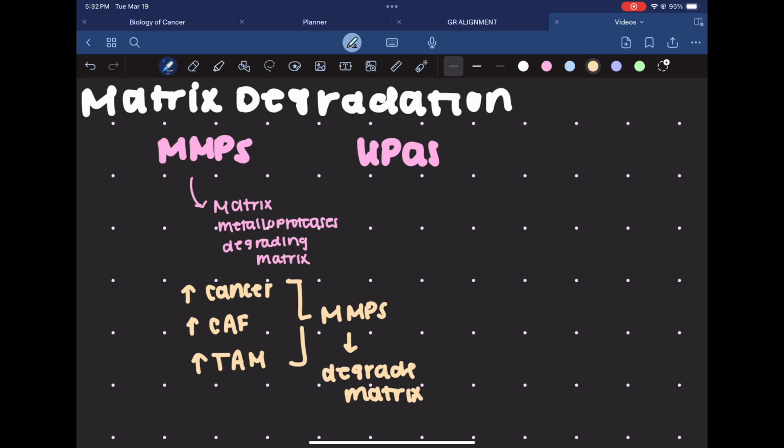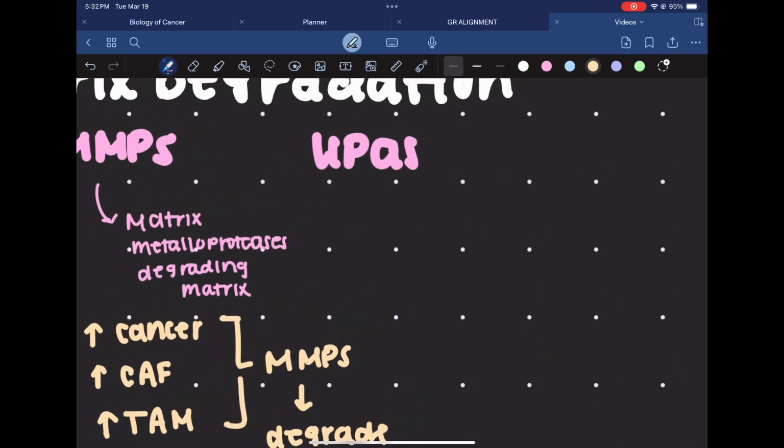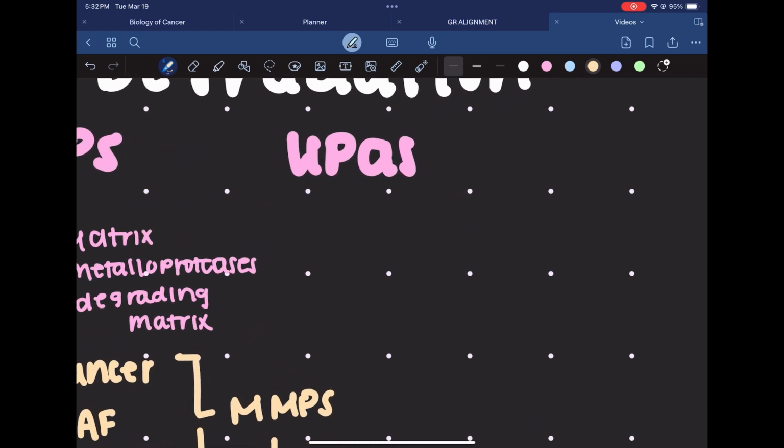Our second example is these UPAs. And UPA stands for urokinase plasminogen activator.